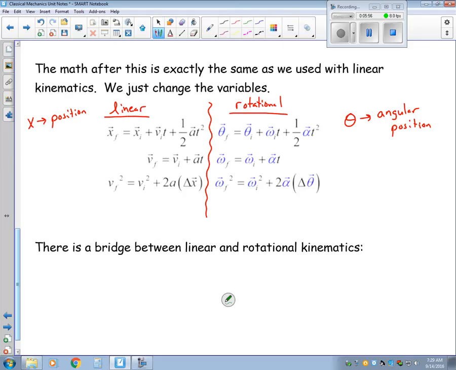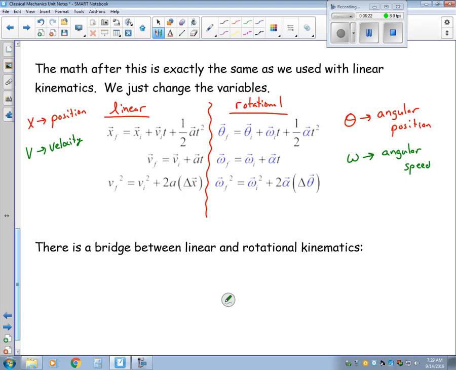Over here, we see that v is for velocity, how fast something's moving. Over here, we have this weird looking w, which is omega, and that is angular speed. I should call it an angular velocity, but I'll go with angular speed.